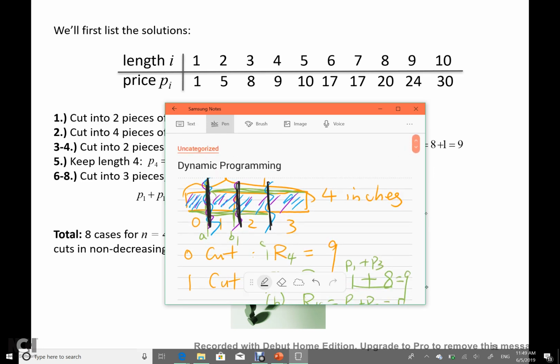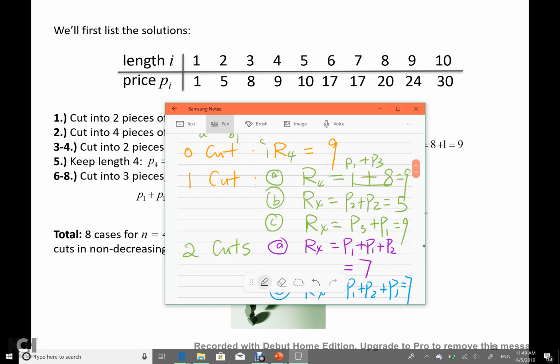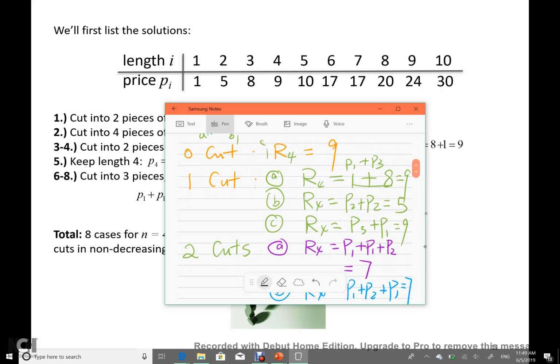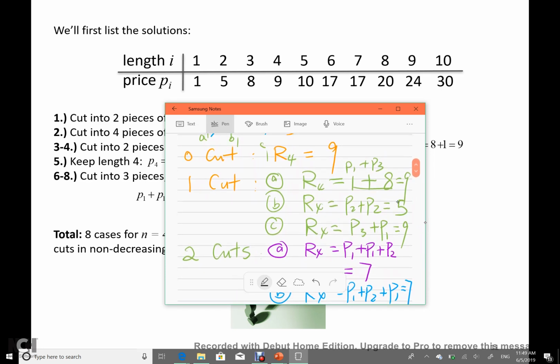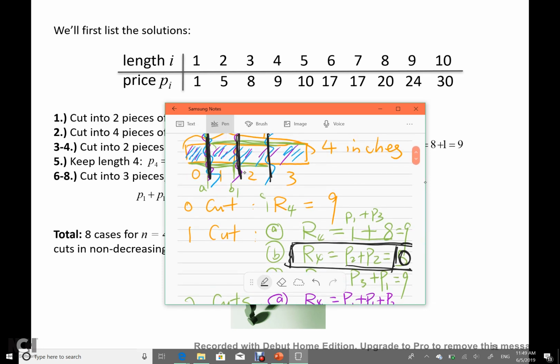And then compared to what we check here, this should be 10, right? Because P2 is 5, P2 is 5, it should be 10. In that case, we say if we wanted to find the maximum revenue for rod of inches 4, we need to have 1 cut. This cut in the middle of the rod, then in that case, makes the best profit.